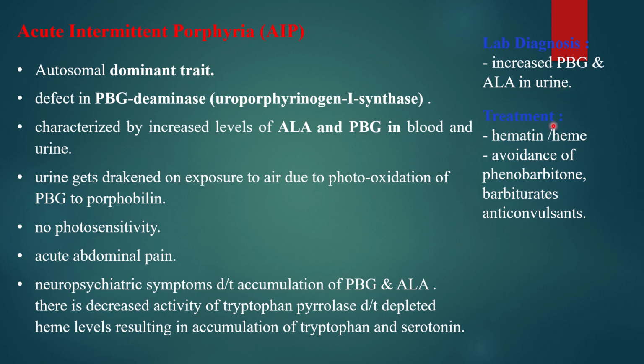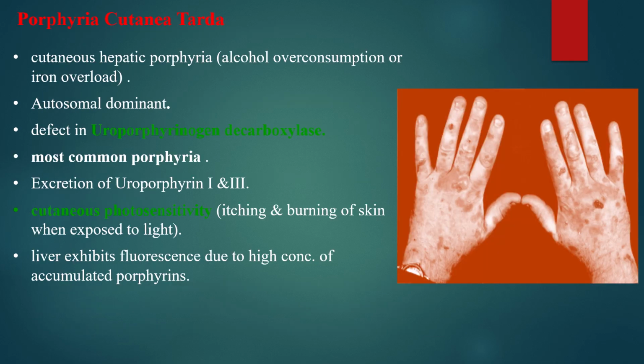For treatment, the patient should be given hematin or heme, and phenobarbital, barbiturates, and anticonvulsant drugs should be avoided, because all these drugs stimulate cytochrome P450 enzymes, so they will precipitate or increase the AIP symptoms.